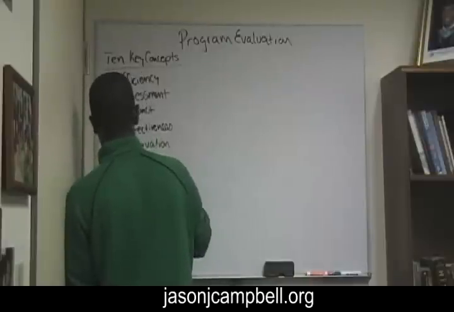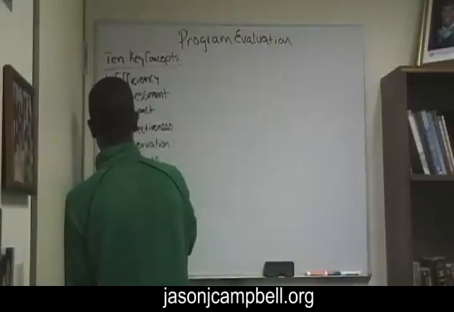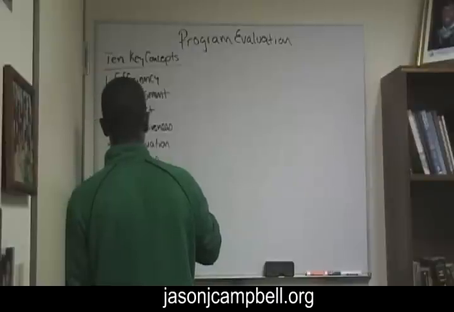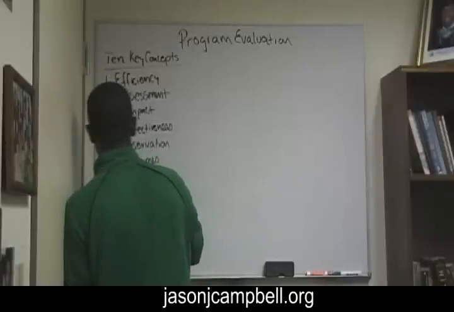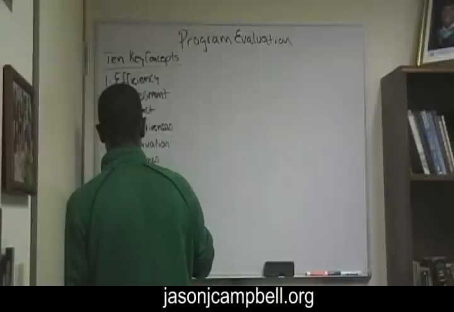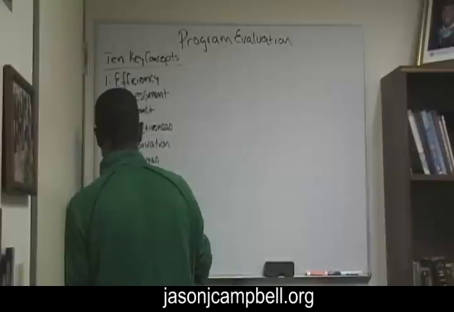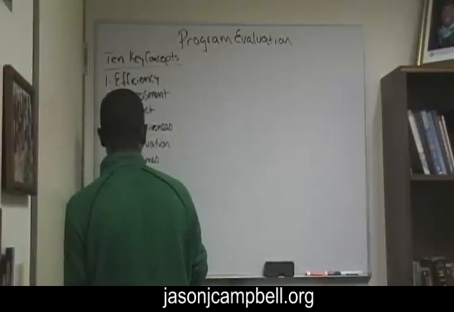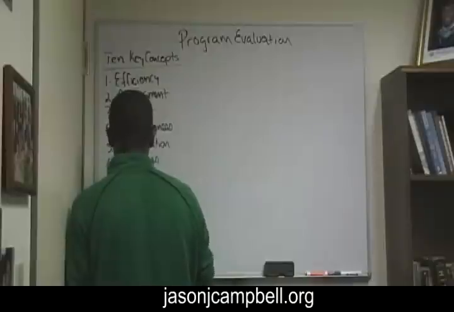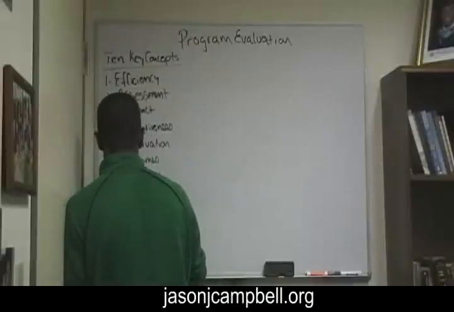Number 6 is outcomes. Number 7 is workflow. Number 8 is processes. Number 9 is what's known as top-down. And then lastly, number 10 is bottom-up.